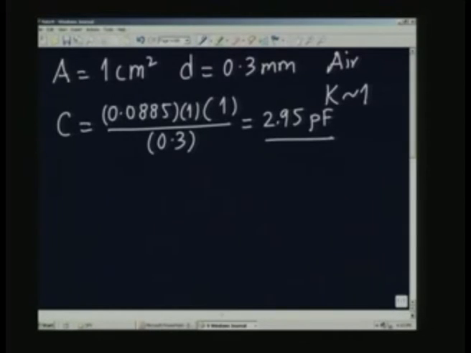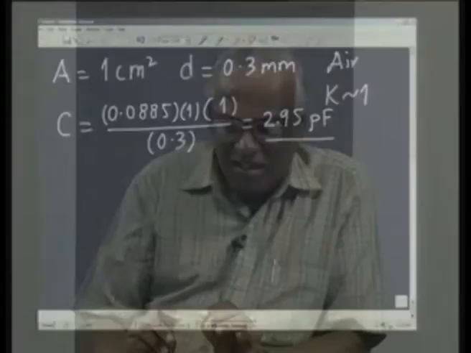It is a very small capacitance. We are talking about small capacitance. And if you look at the sensitivity of that, it is nothing but the rate of change of the capacitance with respect to the distance between them.